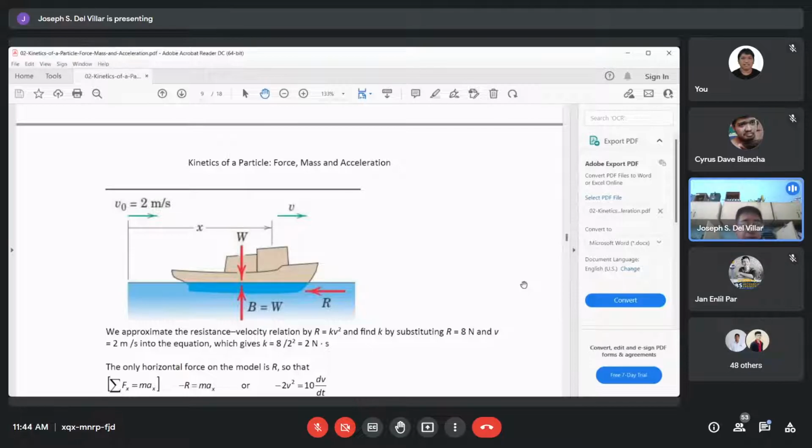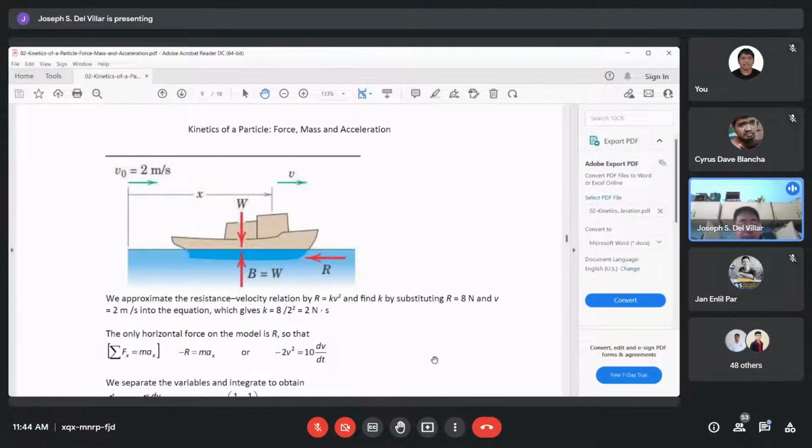So the only horizontal force on the model is R. There is nothing else. So R is equal to m a_x.